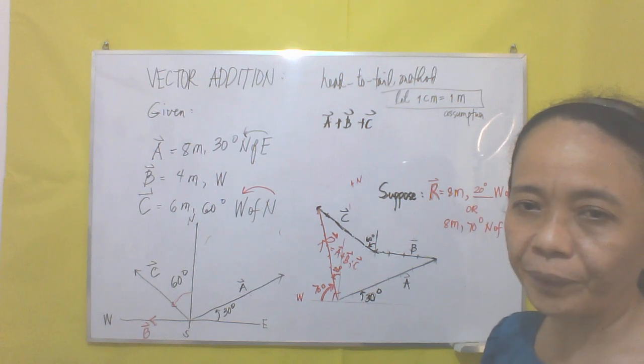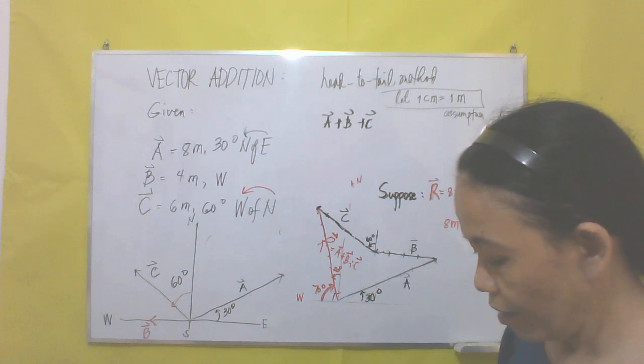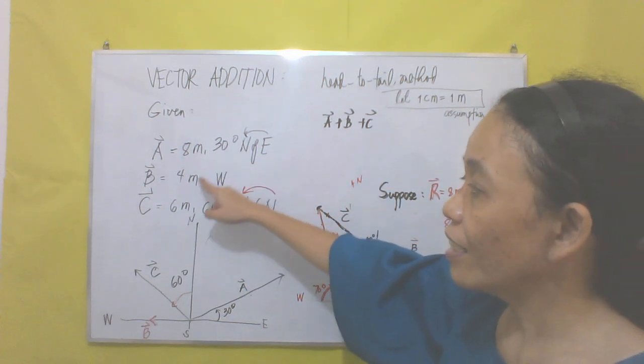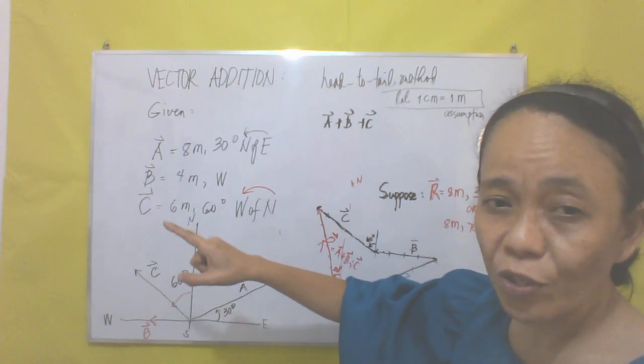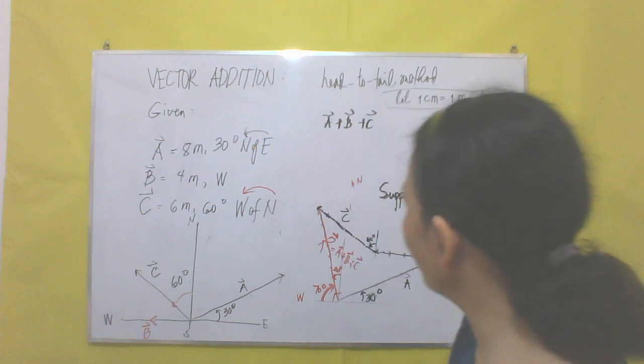No more questions. So in your activity, the same given, you're going to add A plus B for your activity output.